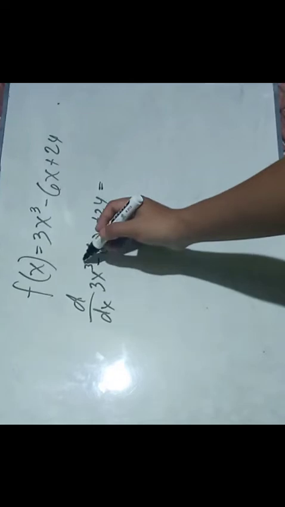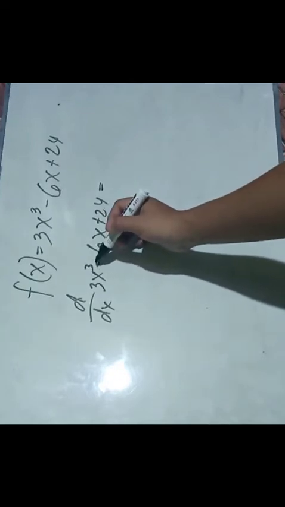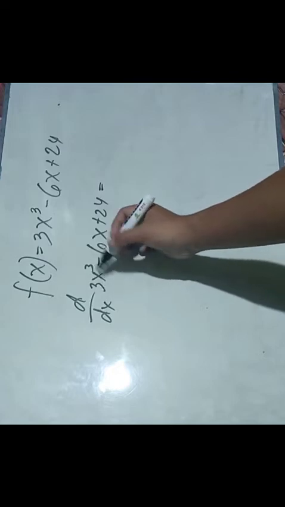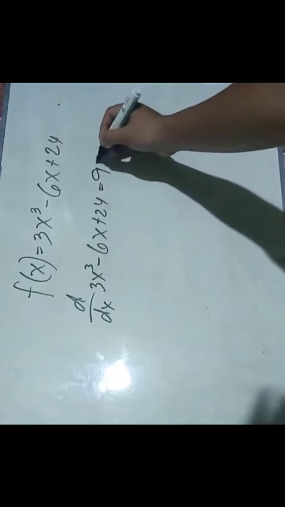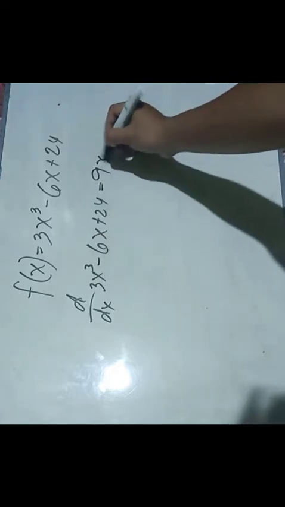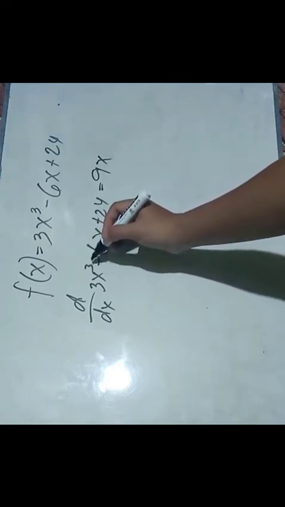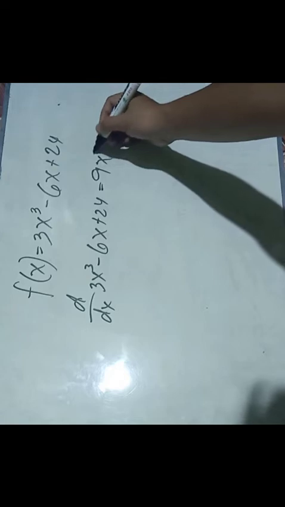We're going to multiply the exponent 3 to the coefficient of the x, which is 3. So that is 9x, and then subtract 1 from the exponent. So that is 9x squared.